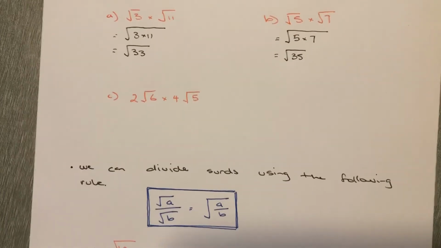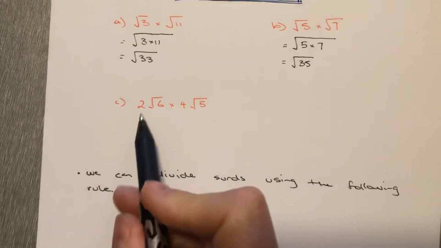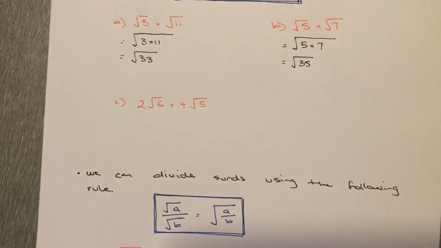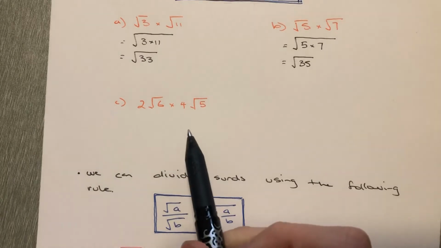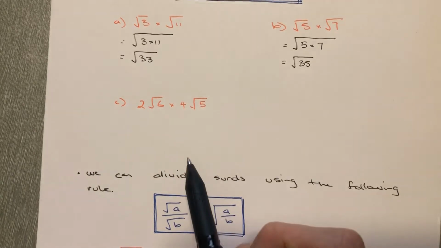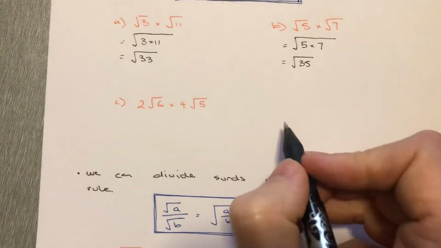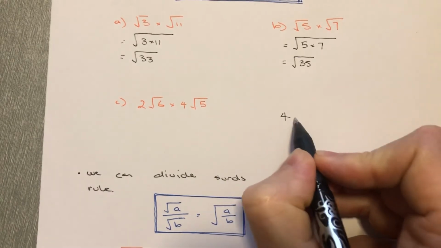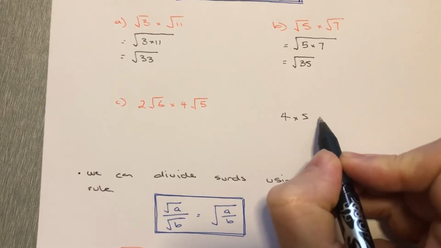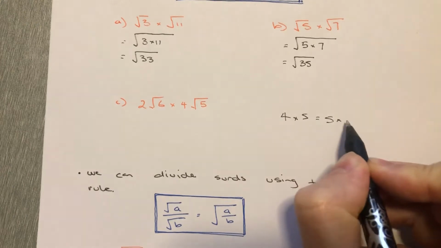So let's go to the next one, which might look a little bit harder because we've got numbers out the front as well, which is the sort of thing you would have seen the other day when we were simplifying our surds. But hopefully we remember that the order that you're multiplying things doesn't actually matter. So if we have, let's just say, 4 times 5, that's exactly the same as 5 times 4, isn't it?